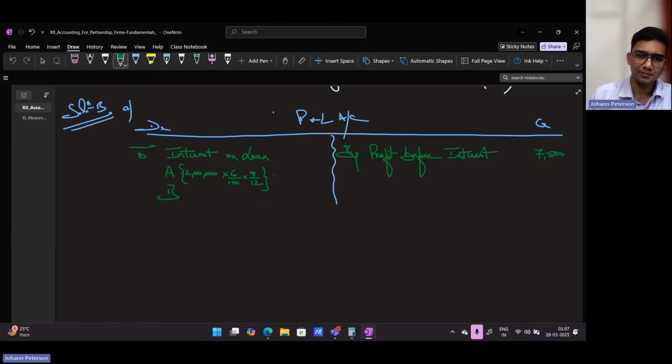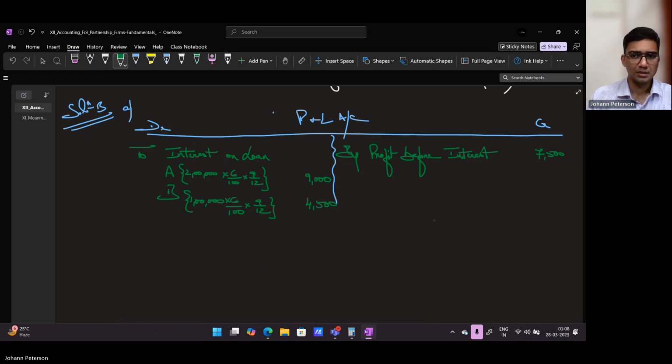So this is 9,000. I'm just writing it in the outer column. For B, it is going to be 1 lakh into 6 upon 100 into 9 upon 12. That should be, I think, half of it. So 4,500. Now, what is our balancing figure?